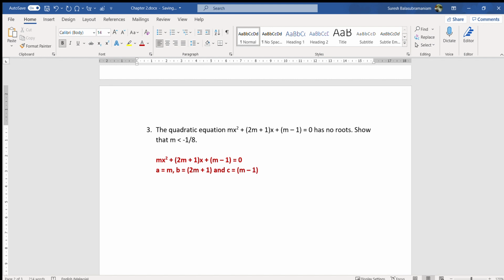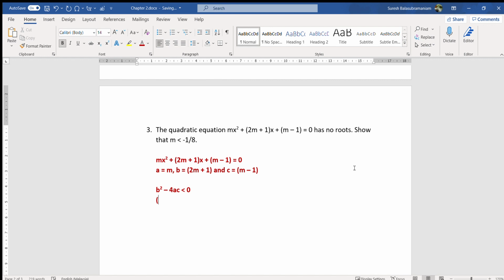Okay, so since the equation has no roots, the condition for that is b square minus 4ac is less than 0.